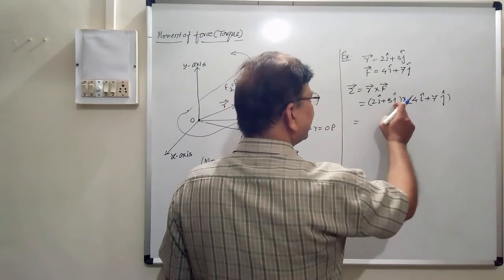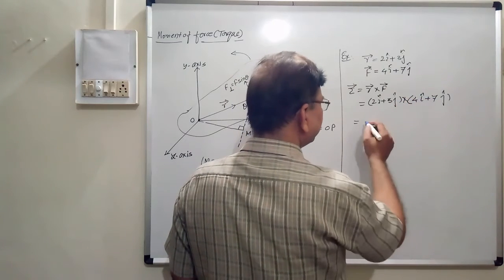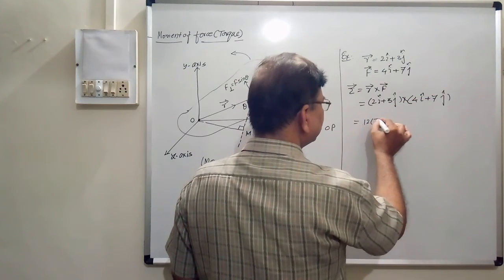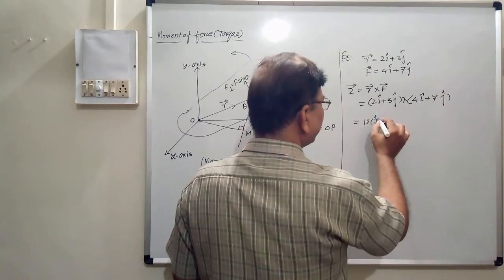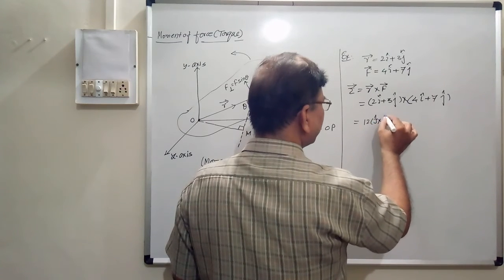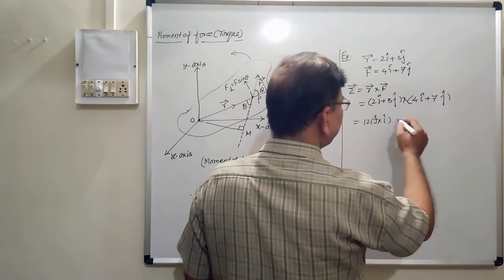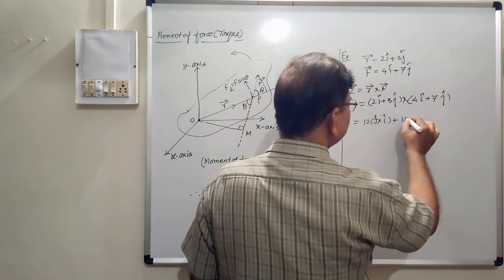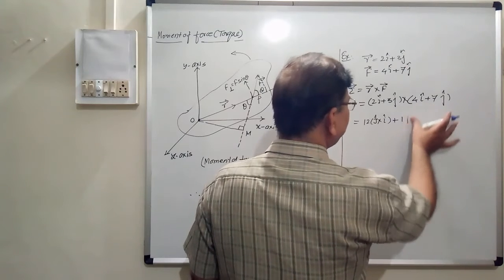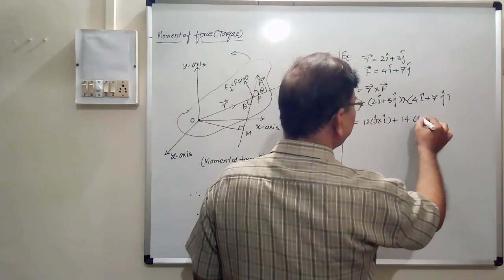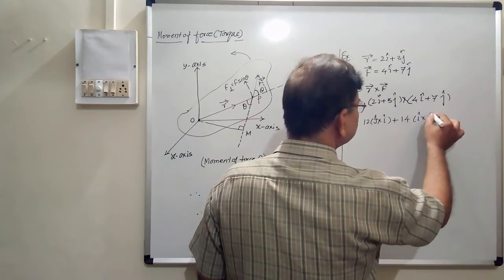So we will write 12 j cross i, and here plus 14, 7 into 2, that is 14 i cross j.